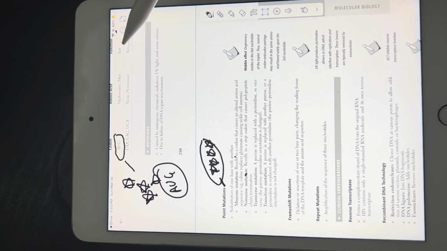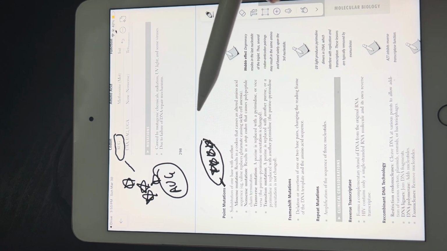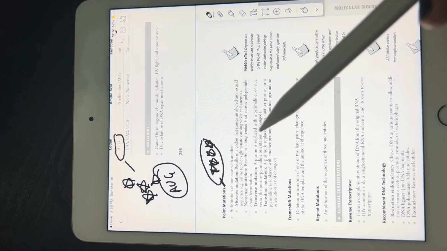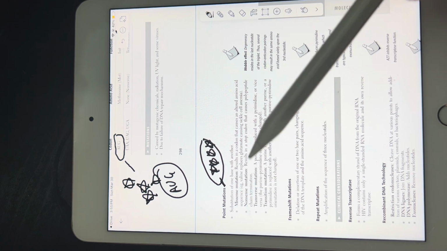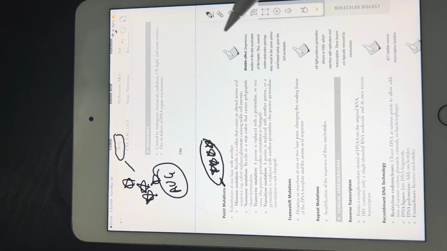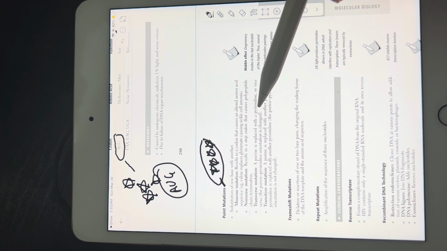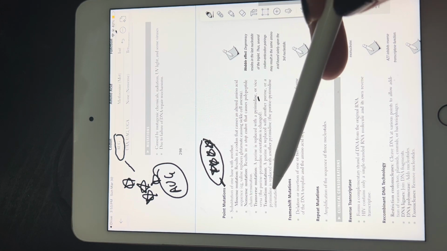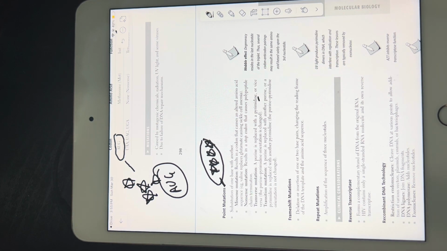So the first one is the missense. Let's do the types of point mutation because others can also be tested. So first missense, then nonsense, then transversion and transition. In transversion, a purine is replaced by a pyrimidine, whereas in transition, a purine is replaced by another purine.